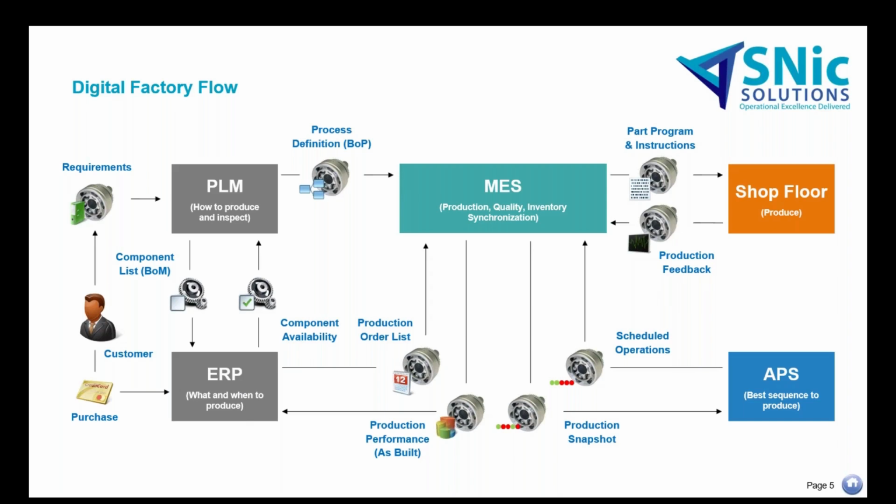And this is, in a nutshell, from a manufacturing operations management point of view, a high level digital factory flow. And finally, MES is also giving engineering feedback to PLM in terms of whether engineering drawings need to be improvised, whether designs need to be improvised.